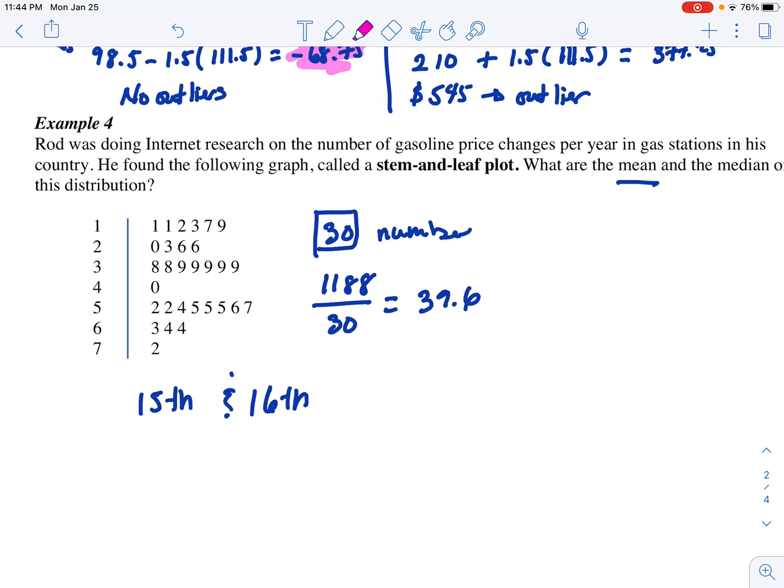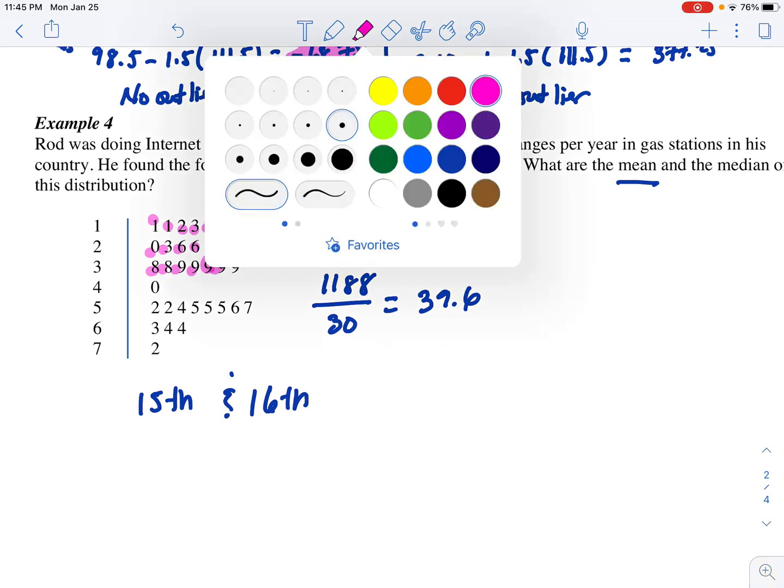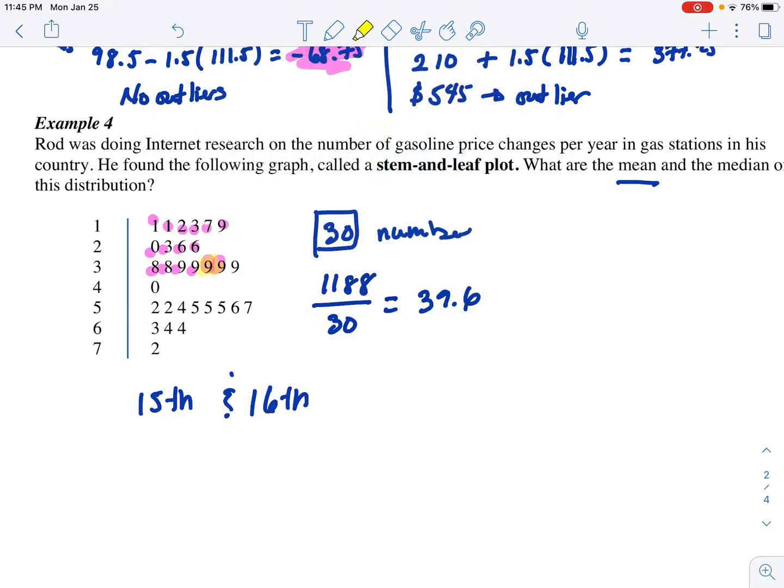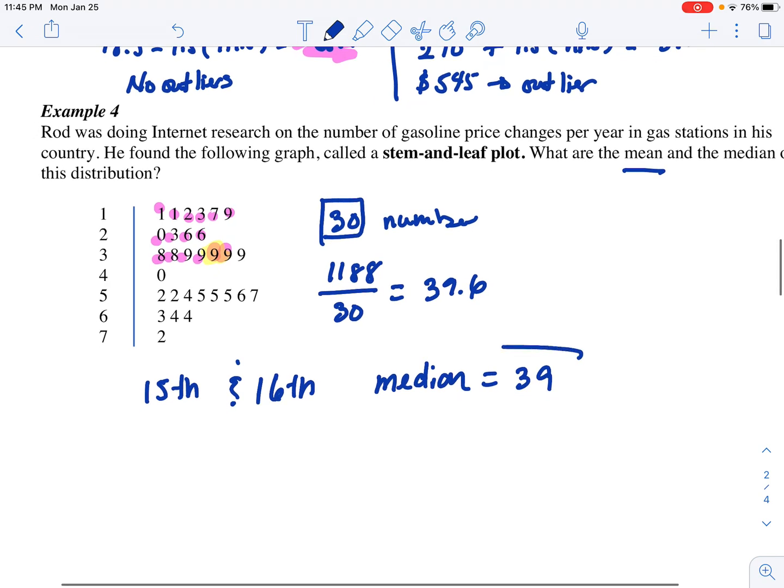So I've got 1, 2, 3, 4, 5, 6, 7, 8, 9, 10, 11, 12, 13, 14, 15, and 16. Both of them are 39. So I'm not going to add those up and divide by 2. The median equals 39.